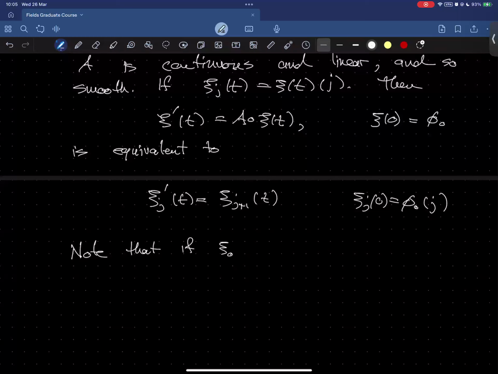So note that C0 is the solution evaluated at j equals 0. And so that's going to be a real valued function of time. Okay, and I'm going to choose this to be an infinitely differentiable function.